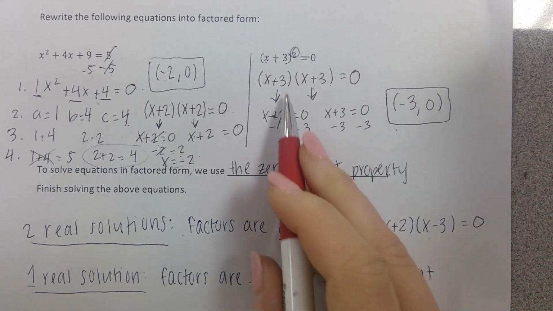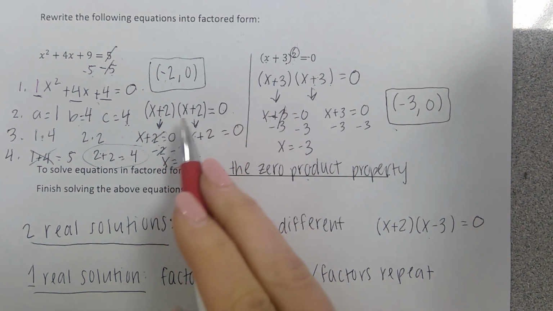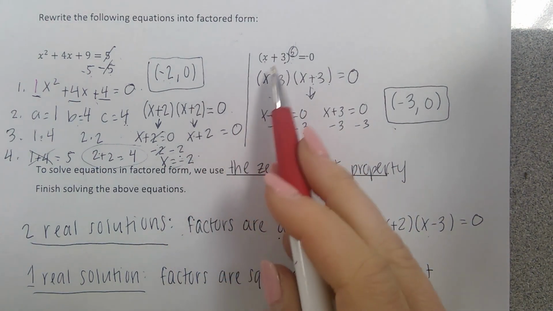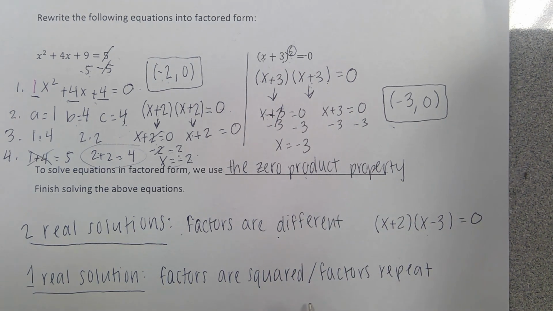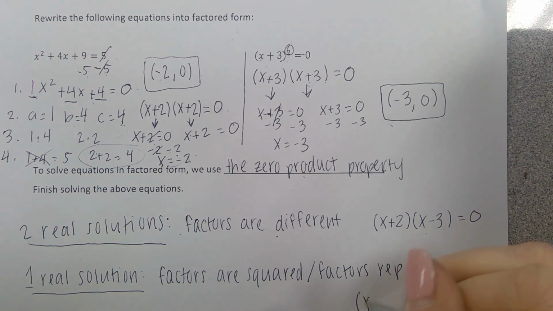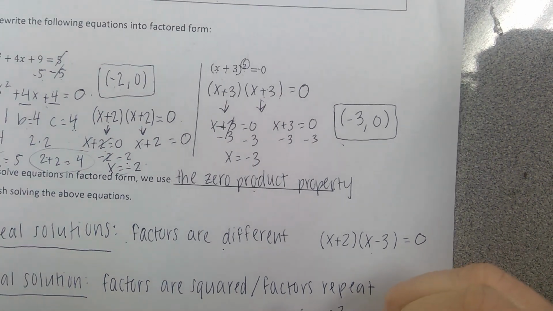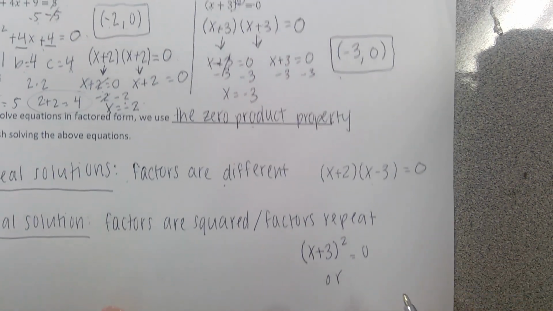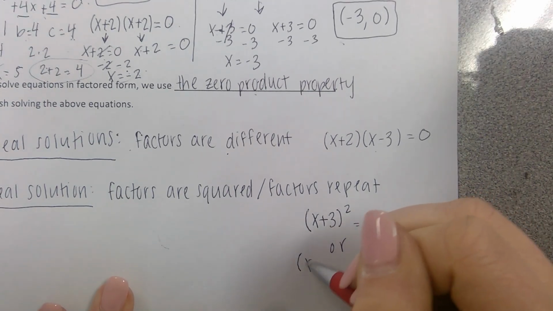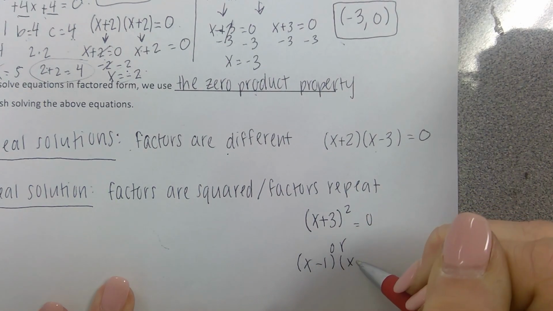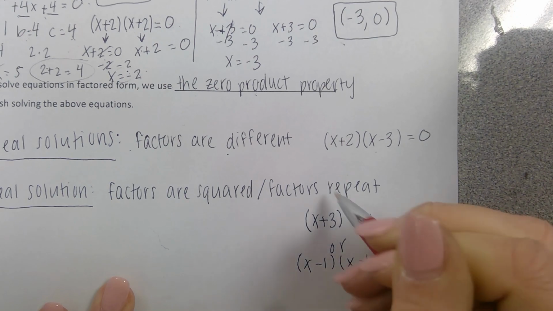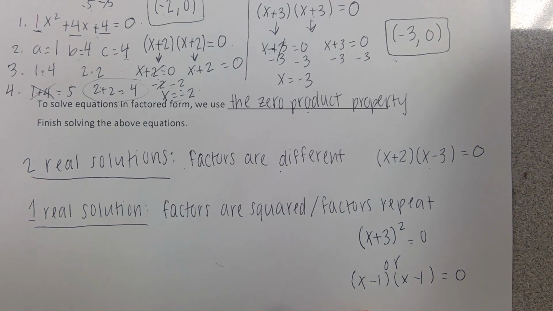We might see it both ways. We could see it squared, or we could see it as itself times itself. They're the same thing, they're equivalent, so we're good here. So if we want a little example, we can say x plus 3 squared equals 0, or we can talk about what if we had x minus 1 times x minus 1. These both would give us one real solution.